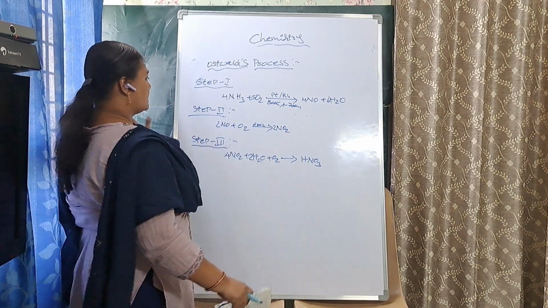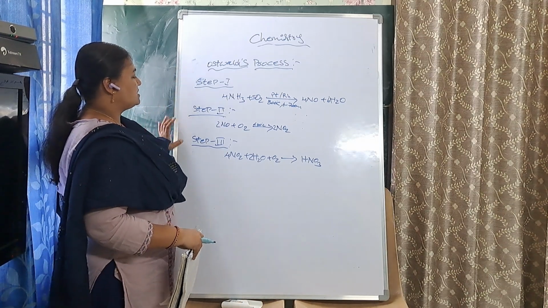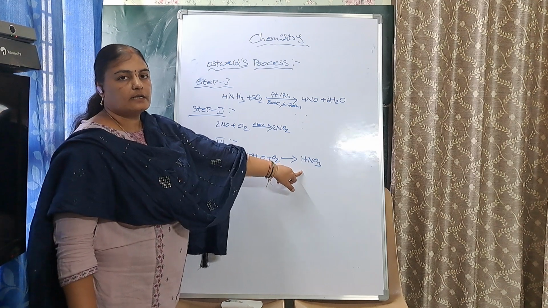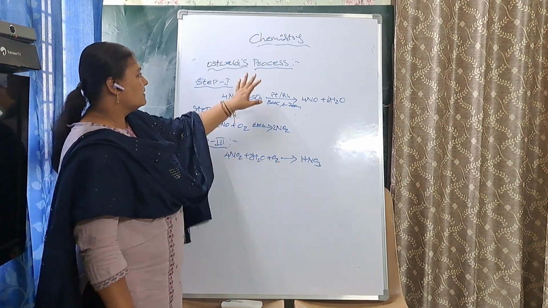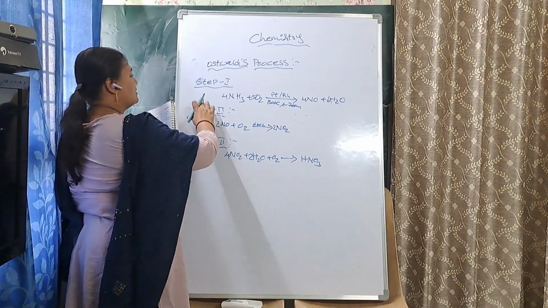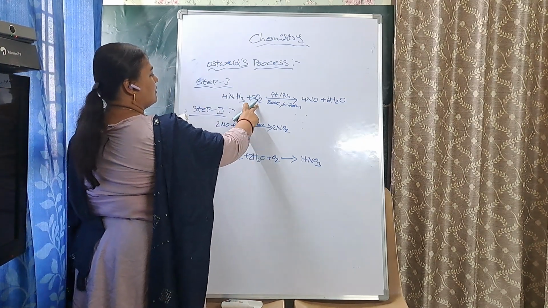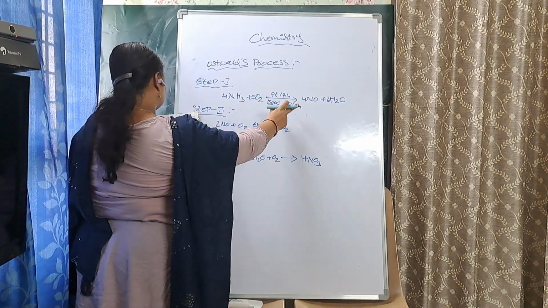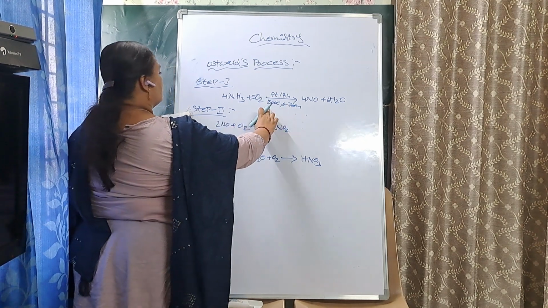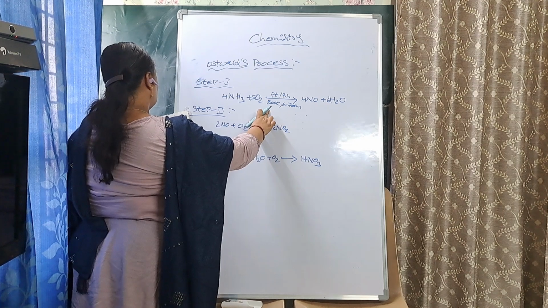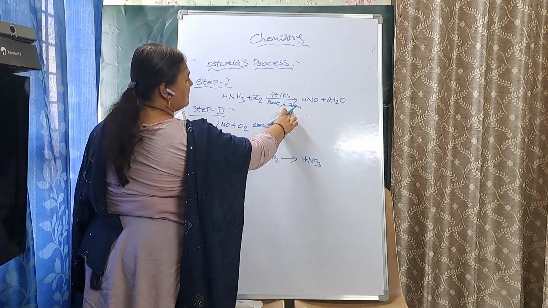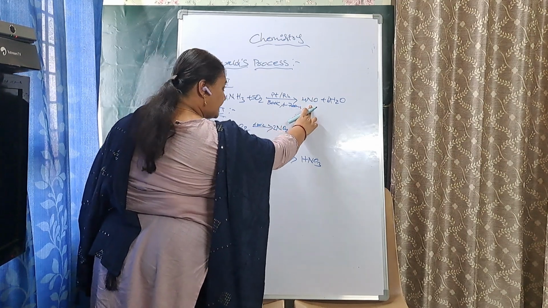Okay, so once again I am telling you, by these 3 steps we get nitric acid. This is the Ostwald process. In the Ostwald process, when ammonia reacts with oxygen in the presence of platinum catalyst, at a temperature of 800 degrees centigrade and pressure of 6 to 7 atmosphere, we get nitric oxide.